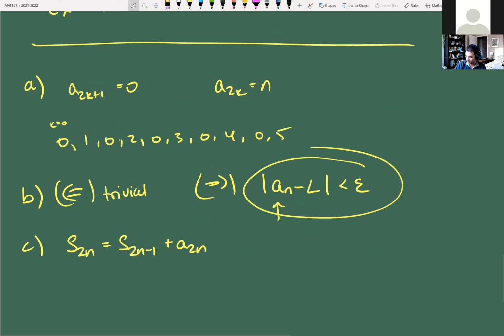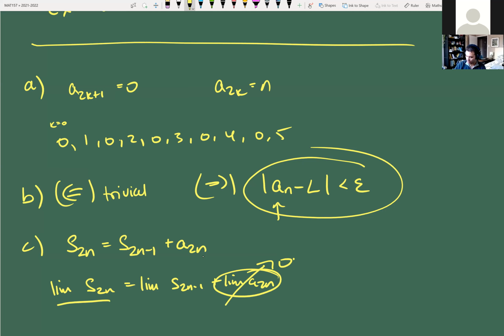Right? And in the limit, therefore, we get the limit of S_{2n} is the limit of S_{2n-1} plus the limit of a_{2n}. This thing is 0. So the even subsequence converges to the same thing as the odd subsequence does. And by part B, therefore, S_n converges.